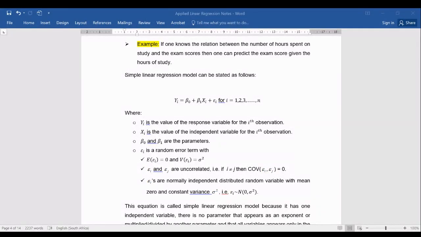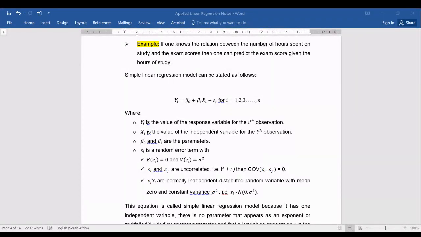For i not equal to j, because if i is equal to j, then the covariance of ej, ej will be equal to the variance of ej, and that will give us sigma squared. So where i and j are not equal, the covariance is equal to 0. But where i and j are equal, that covariance will be equal to the variance of the errors, and that will be sigma squared.